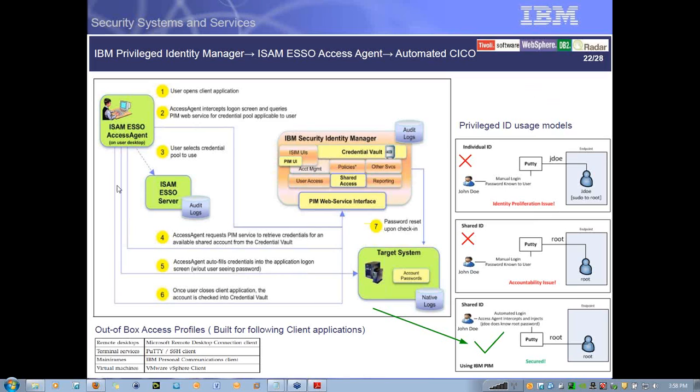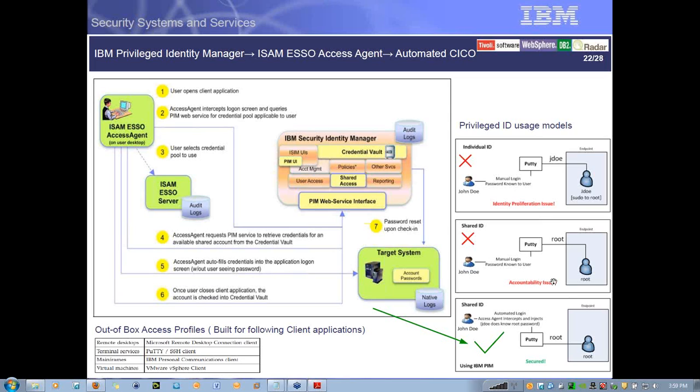So here I have shown on the right side different models. First, individual ID. John Doe has his own individual ID, and he has sudo to root. This results in identity proliferation. Second, John Doe gets access to root.